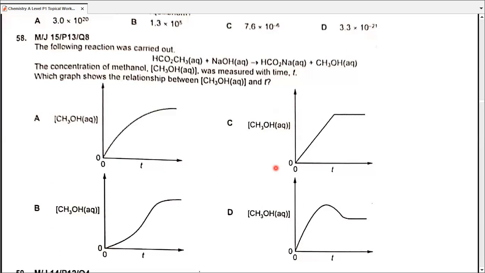And towards the end, it becomes less and less, I mean the increase. Okay. I would rather say that A is the answer. Rate is higher than it's becoming. Okay. A makes sense.